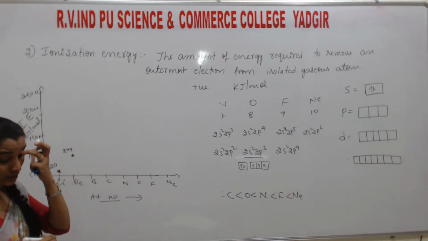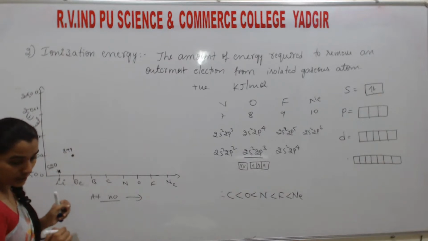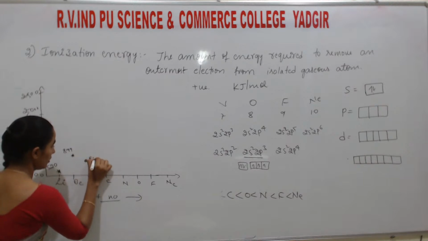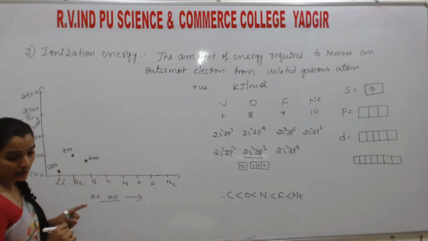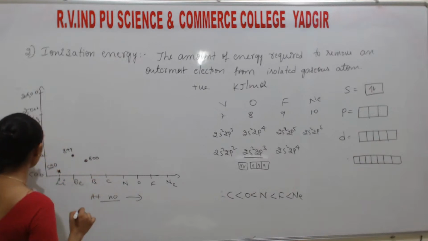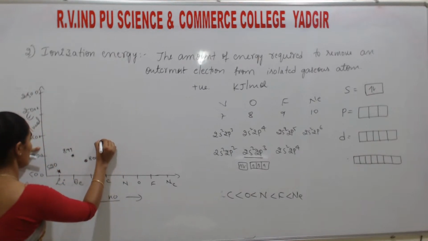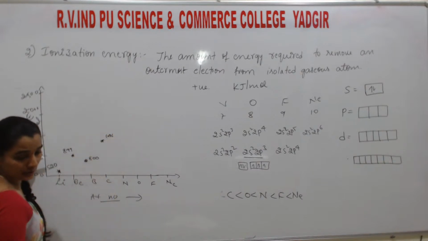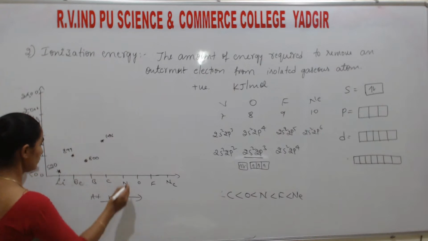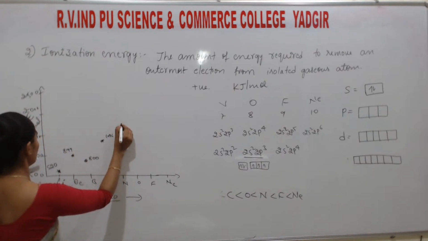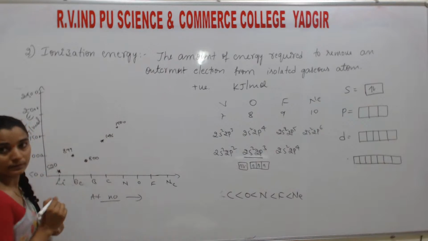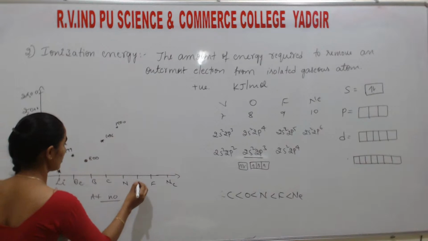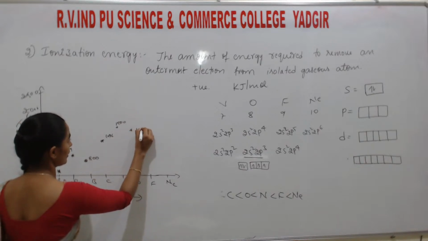And next, boron is 800. Next again, carbon, students, that is 1086. Next, nitrogen is nearly 1500. And oxygen is 1300.